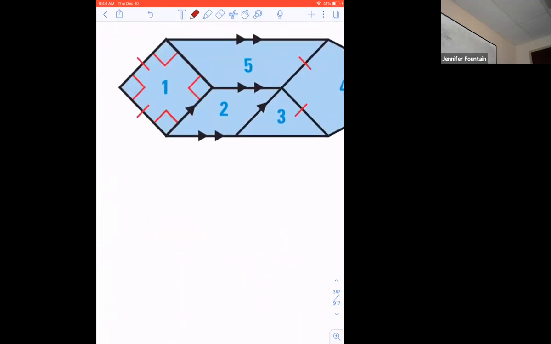Look at region 2. What kind of shape do I have in region 2? What do I know about it? I've got 2 pairs of parallel sides. What kind of shape has 2 pairs of parallel sides? It is a quadrilateral, but it's a special type of quadrilateral.